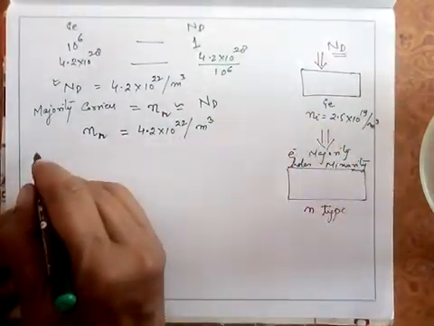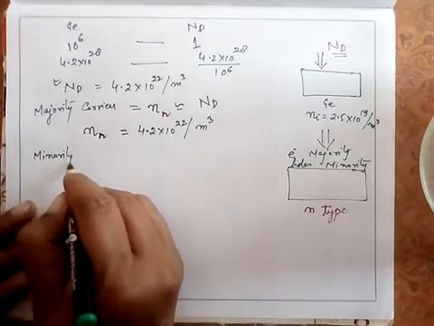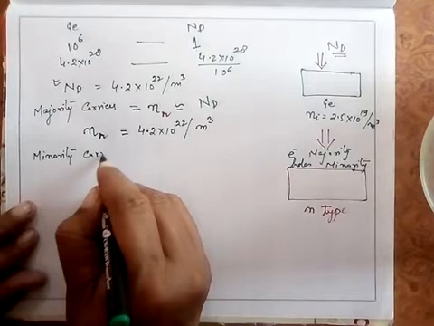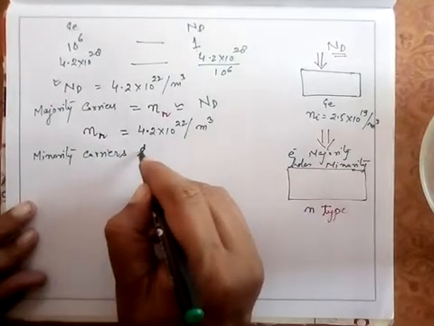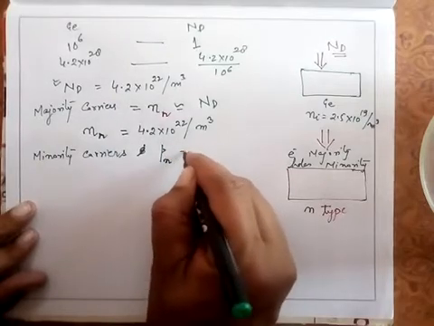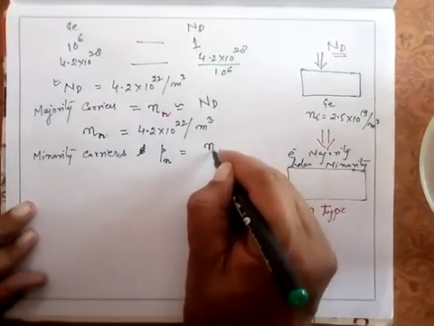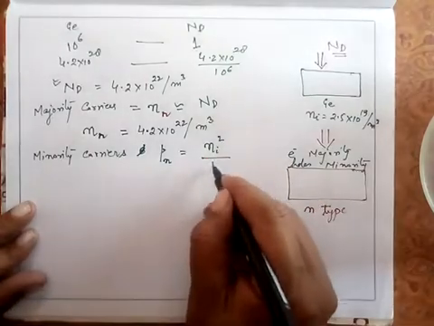Now what are the minority charge carriers? The minority charge carriers will be holes in the n type semiconductor, and I told you it is equal to Ni square upon Nd.